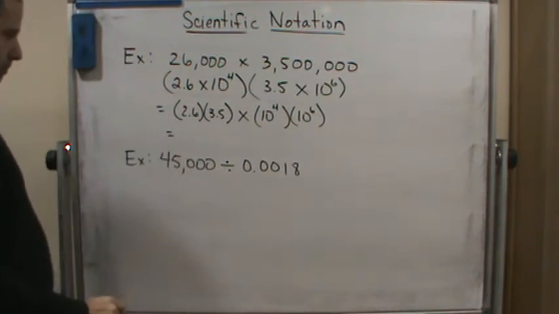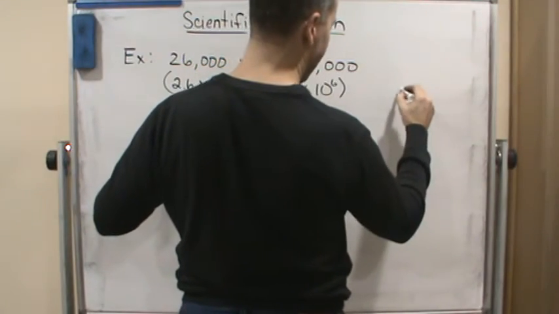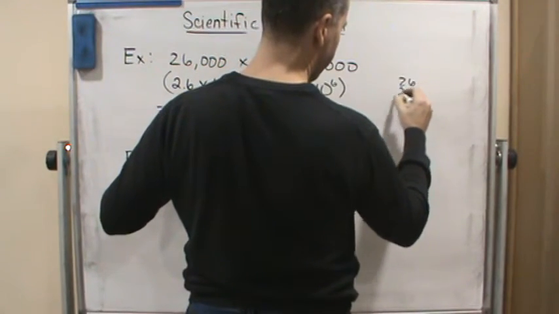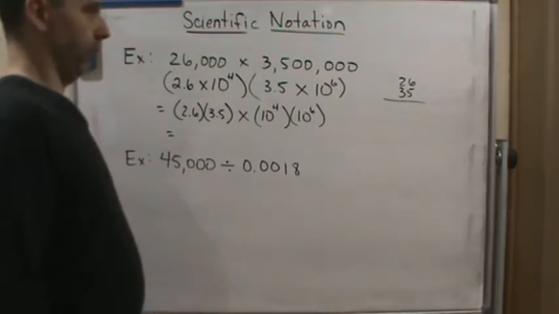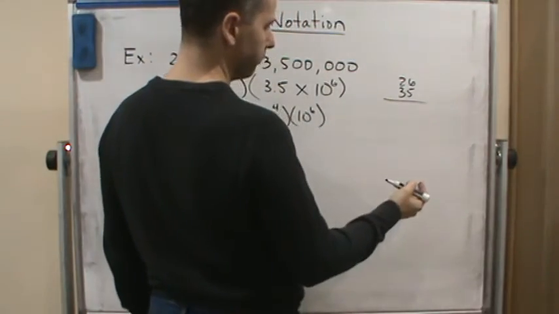So, what's 26 times 35? Well, what do I get?